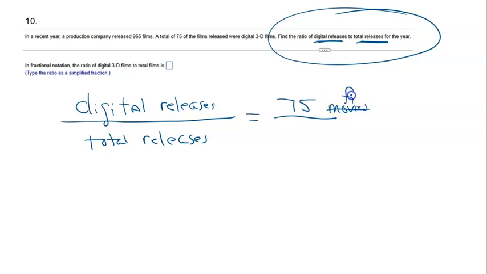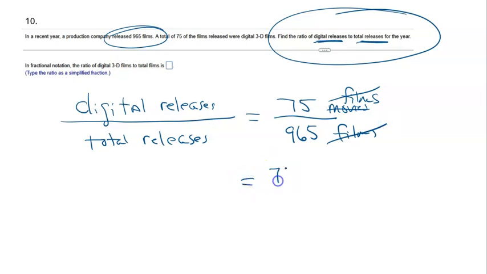They called it films, so let's do that. So 75 films over total releases. That information was given. A production company released 965 films, so 965 films. Now, once again, films cancels out, so I'm charged with reducing or simplifying the fraction 75 over 965.